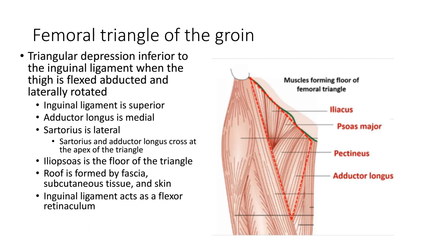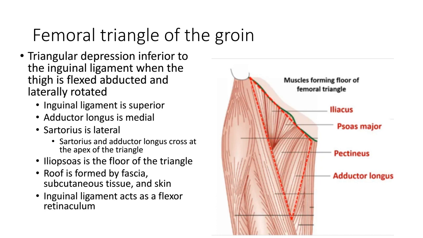Let's look at an area in the upper thigh that's called the femoral triangle of the groin. There is a triangular depression just inferior to the inguinal ligament when the thigh is flexed, abducted, and laterally rotated. In this femoral triangle, we can find the borders: the inguinal ligament is superior, the adductor longus is medial, and the sartorius is lateral.